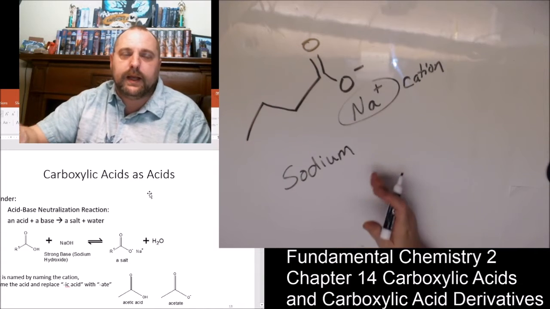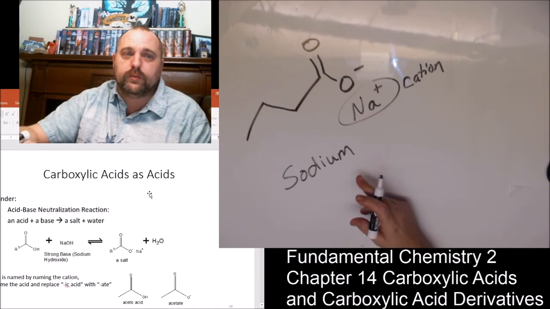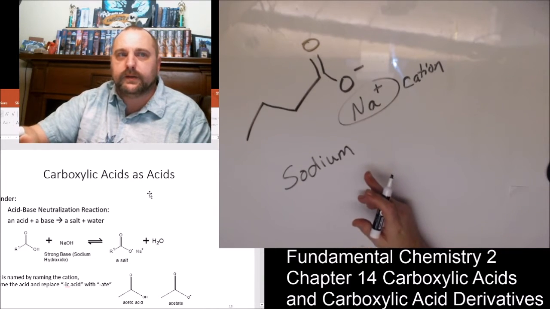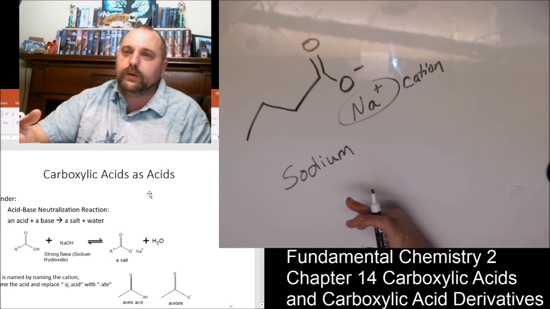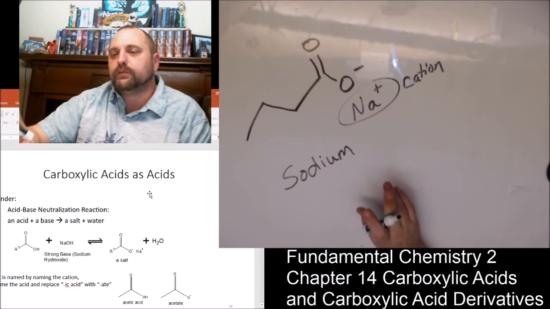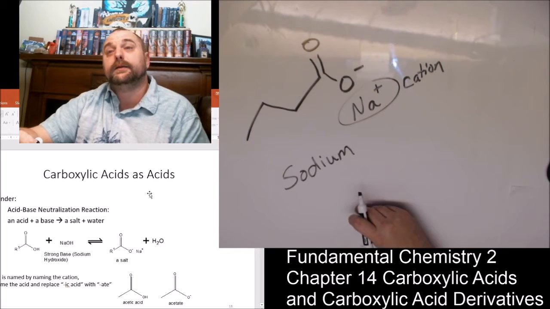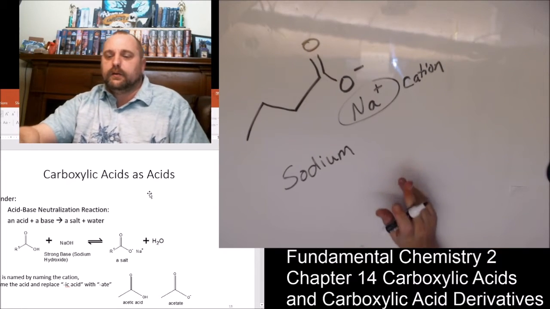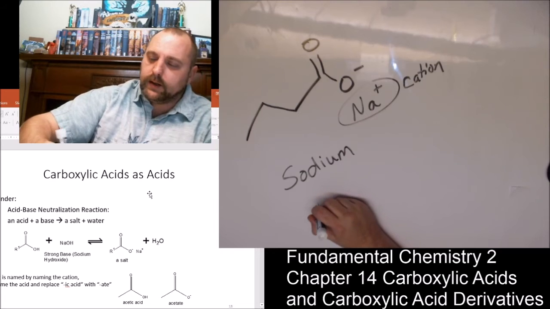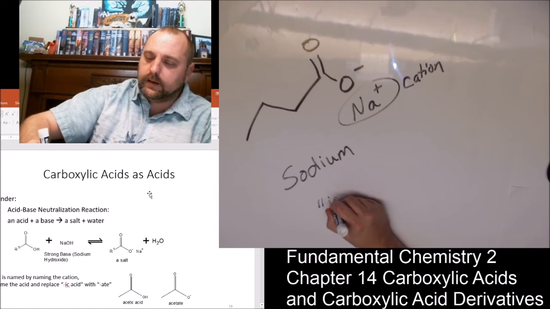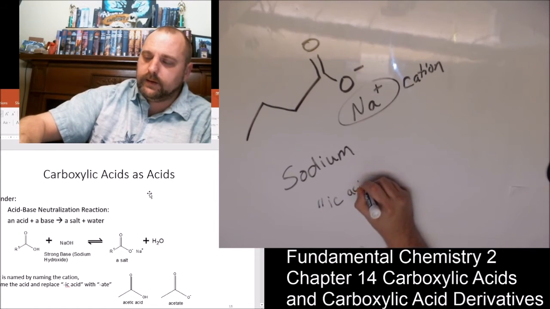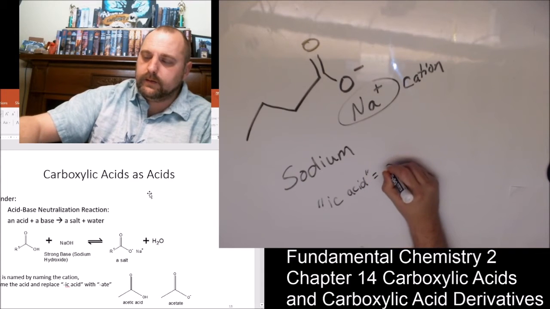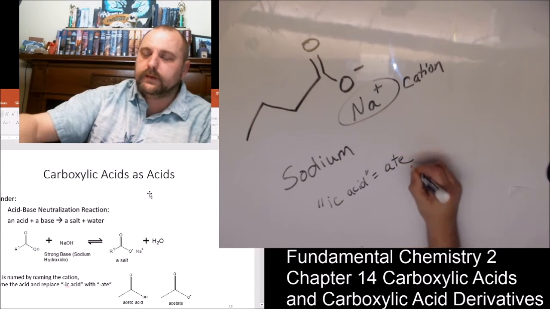And then I'm going to name the acid just like normal, but instead of the ic acid, we're going to replace that with ate. Now here's the problem. You name it by adding that oic acid, and then you replace it with an ate. And why we do it this way: ic acid goes to ate suffix.